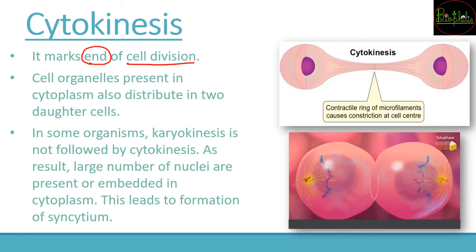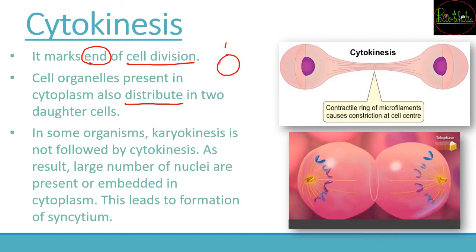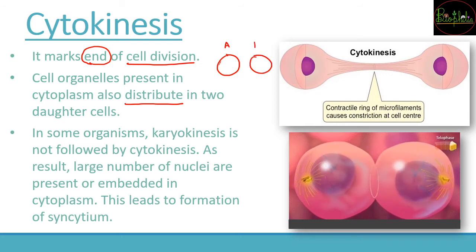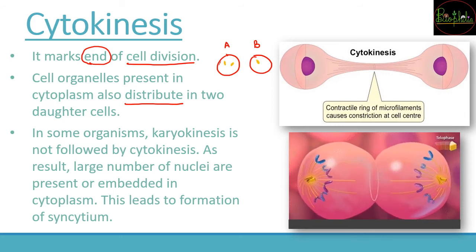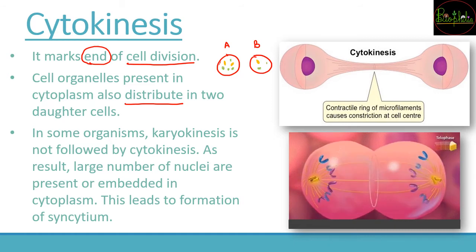So अब cell organelles जो होंगे that will be present in the cytoplasm, they will distribute themselves randomly into 2 halves and they will go into the 2 daughter cells. हो सकता है that some organelles, for example A जो A daughter cell है और second जो B daughter cell है, हो सकता है that the organelles like ER ये condition में 2 आ गए, इधर एक ही है. हो सकता है माइटोकॉन्ड्रिया इधर बहुत सारे आ गए, इधर 2-3 ही आए.